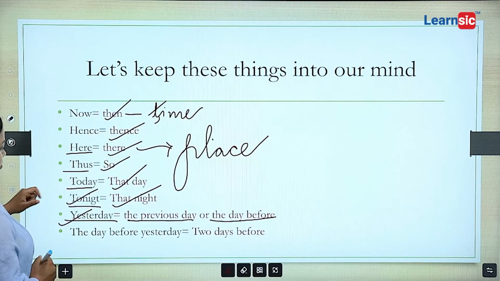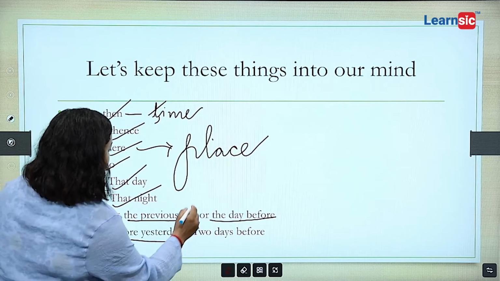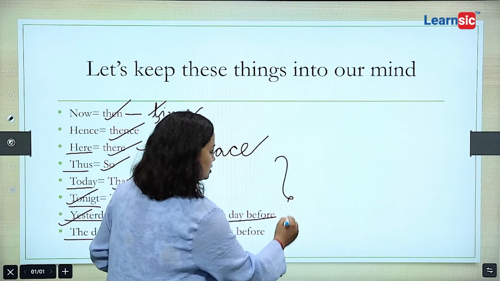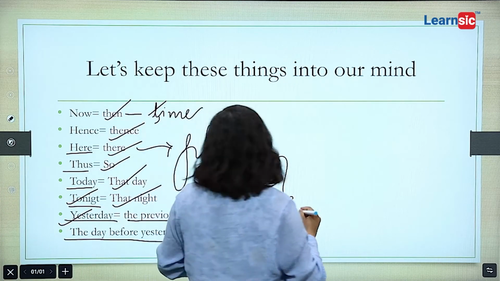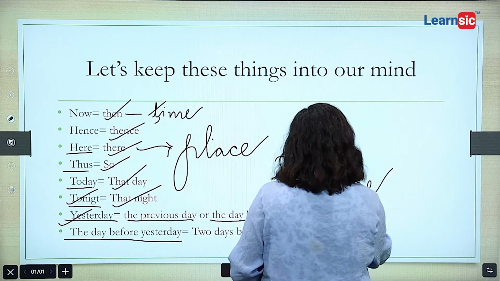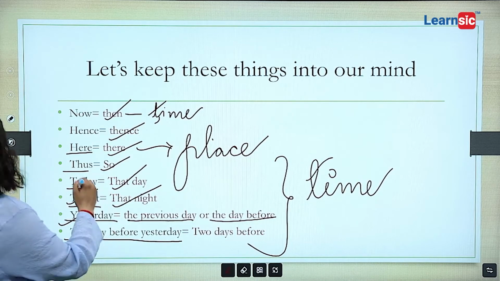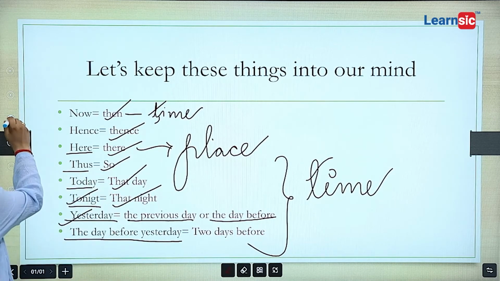All right, today, tonight, yesterday, the day before yesterday. All these four of these also come to the category of time. Are you getting my point? All this comes into the category of time.